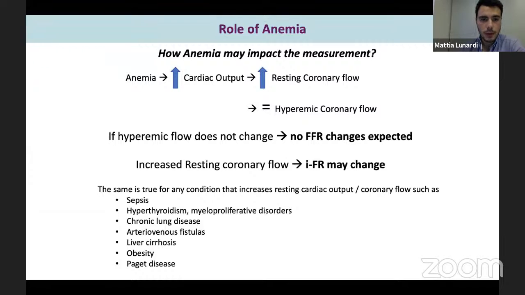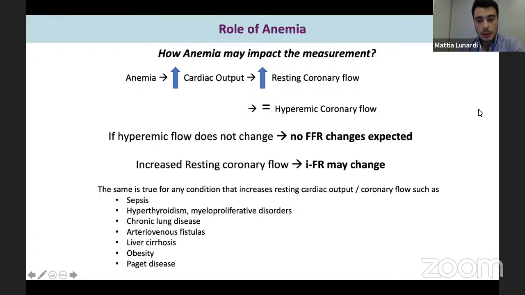So what we have found is just that anemia, as we know, increases the cardiac output, and as a result, we have an increased resting coronary flow, but the hyperemic coronary flow is the same, is not increased in case of anemia. So what we can expect is that if the hyperemic flow doesn't change, we shouldn't expect any FFR change, while we should expect a change in the iFR measurement because there is an increased resting coronary flow.